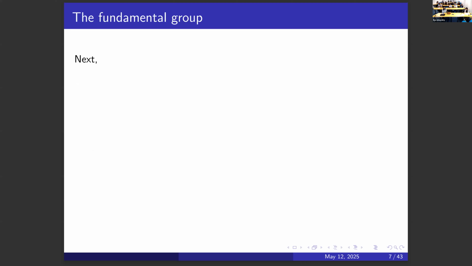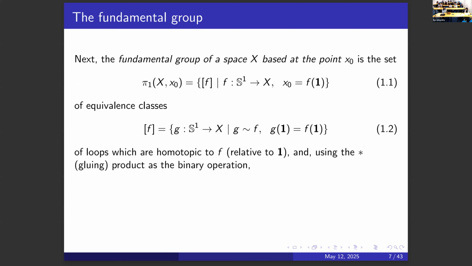And then next, let's talk about the fundamental group. Well, the idea of the fundamental group, this is again a technical notion, but the idea is that it's a way of counting and keeping track of the complexity of the loops that you can find in a space. This is the first fundamental group, and there are various ways of defining it using, let's say, the interval I, but you have to identify the ends.